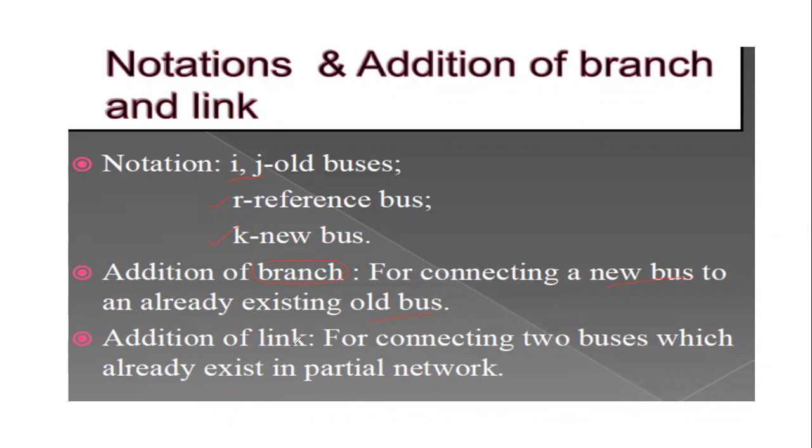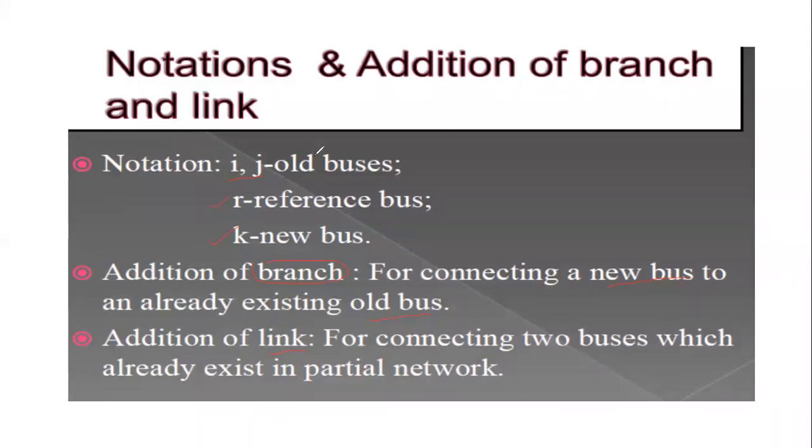Next, addition of a link. Addition of a link means connecting two buses which already exist in the partial network. That means when we connect an old bus to an old bus, it is considered a link.